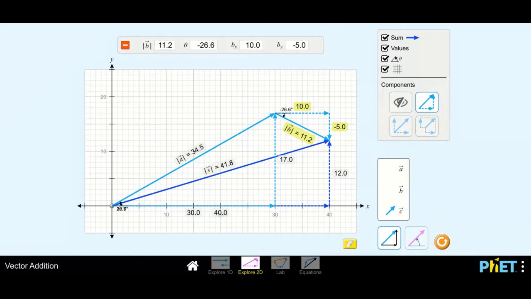Okay, and then similarly, the y component of vector A was 17, and the y component of vector B was -5, and so the y component of the sum is just 17 minus 5, or 12. So you can see how easy it is to figure out the components of a resultant vector, the sum of two vectors, if you know the components of the two individual vectors.